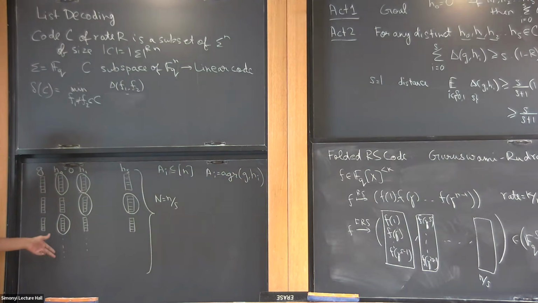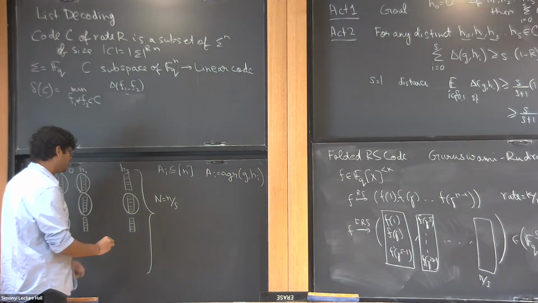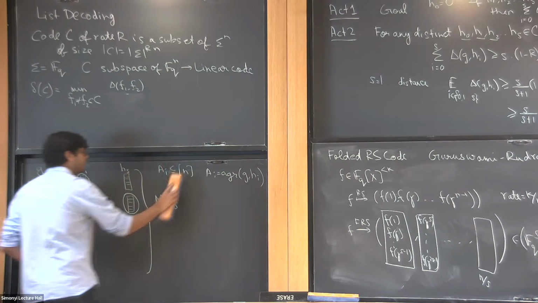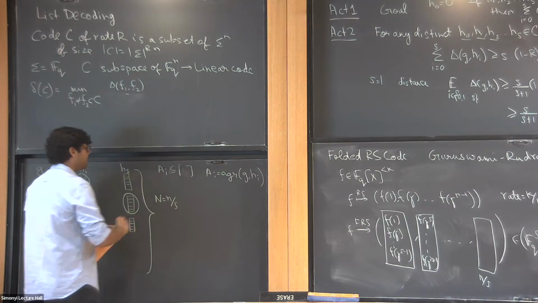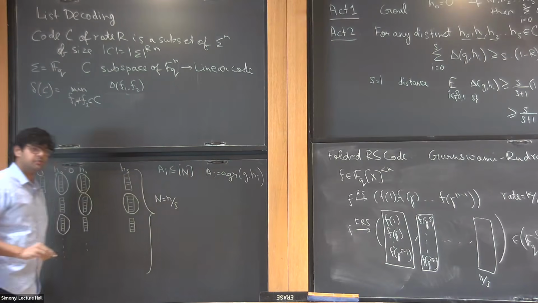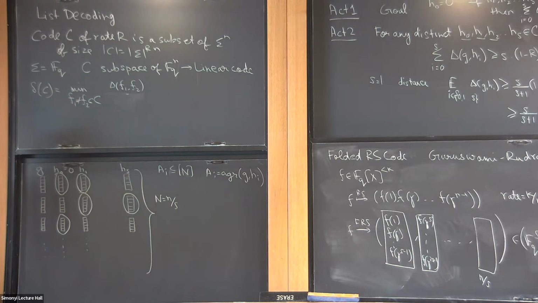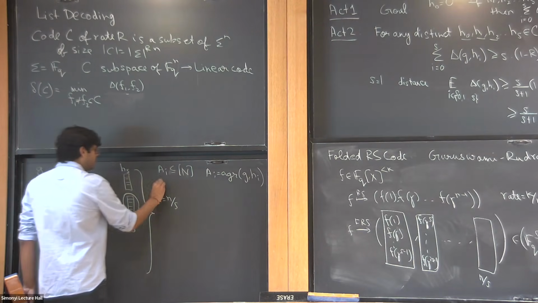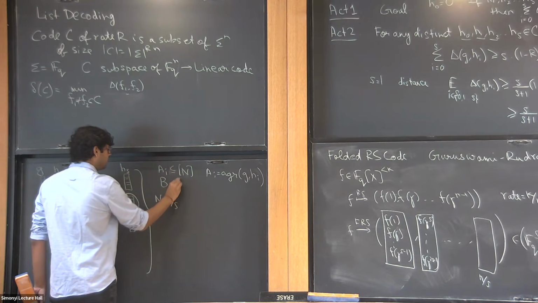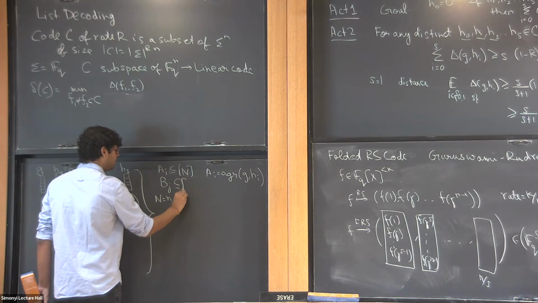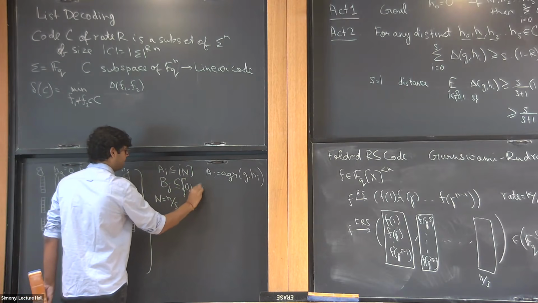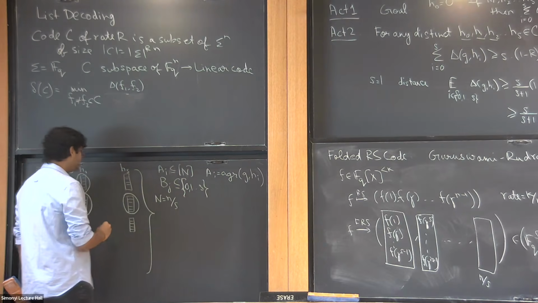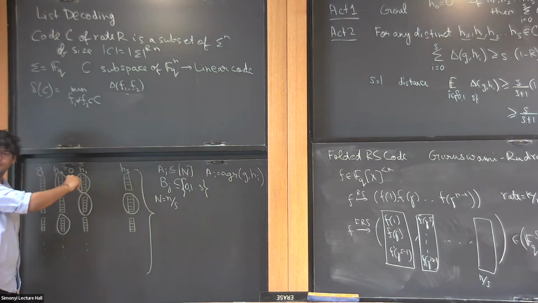All the locations of the circles, A0, A1, up to AS. Sorry, I meant capital N here, because I'm thinking of only the folded symbols now. And BJ is the same set, but looked at row-wise.